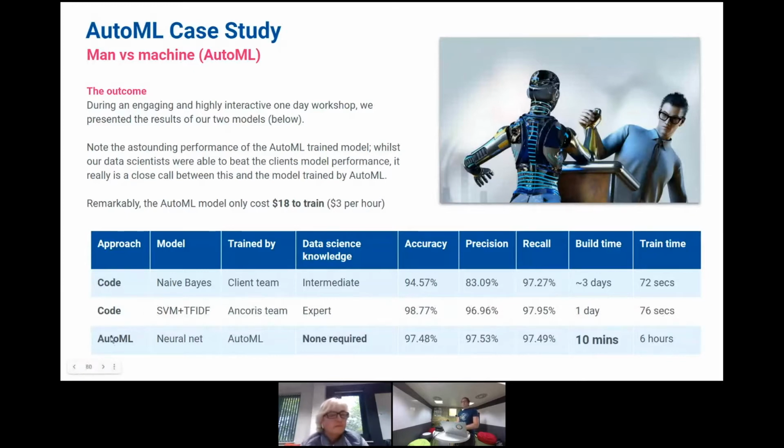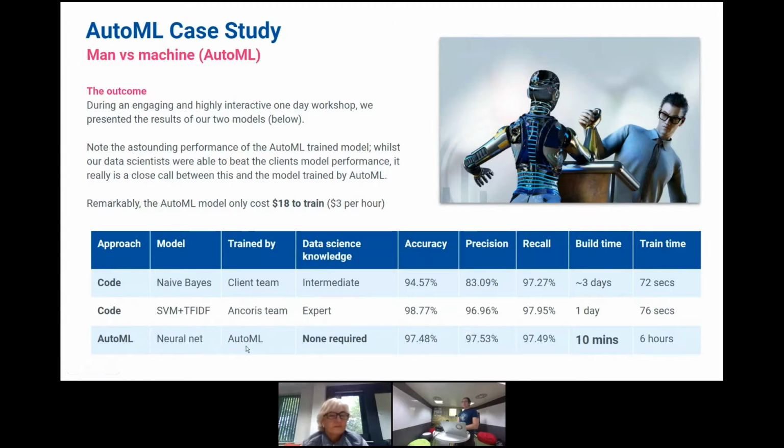Now, what we thought would be interesting is to say, okay, how would AutoML do if we used that exact same cohort of documents? Let's see how it compares with the expert. That's why I joke with the team, this kind of man versus machine, can you beat AutoML or not? I think it's really interesting. AutoML trained a neural net.